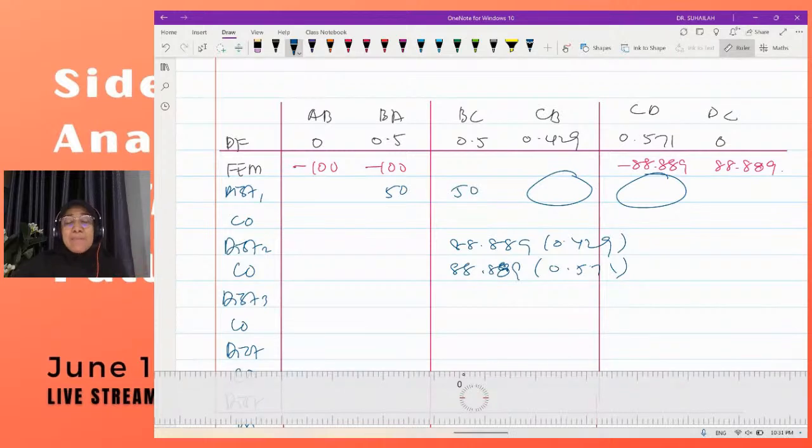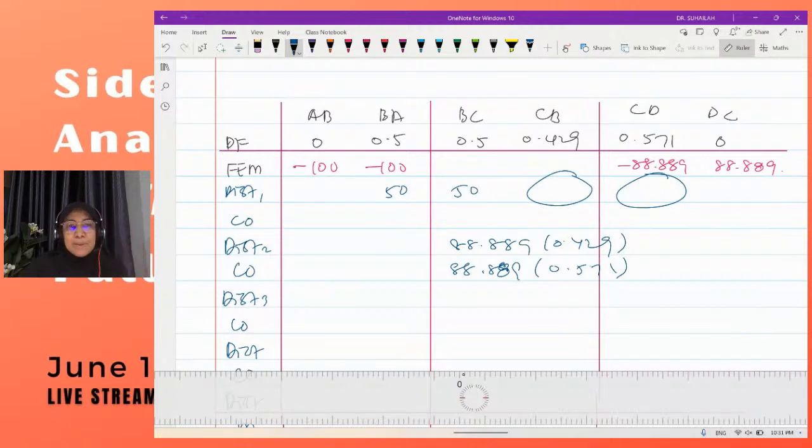Because we have the same process for 2A, 2B and 2C, as well as 3B and 3C. We just repeat the same. So between table 1 and table 2, the difference is only the FEM value.